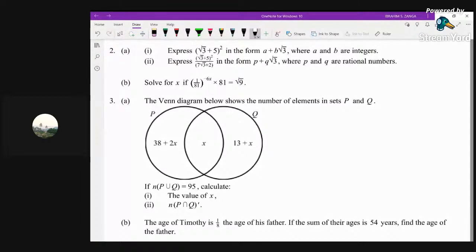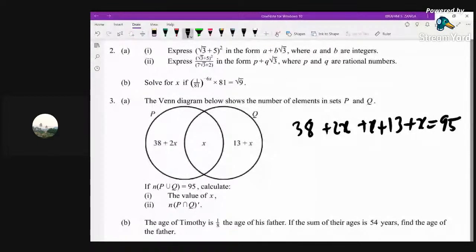So obviously you can just say 38 plus 2x plus x plus 13 plus x equals 95. Okay, and we are going to continue here. I'm going to say now 38 plus 13. Obviously it is 51. 51 plus 3x equals 95.